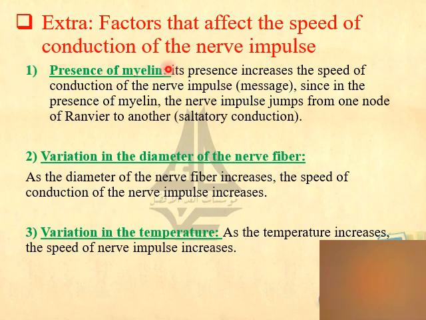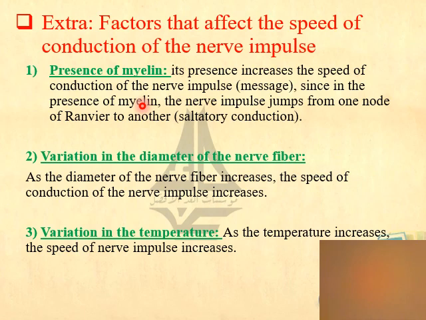First of all, you have to know that the presence of myelin increases the speed of the nerve impulse. Why? As I mentioned before, we have two types of conduction. You remember in video part 2, we said that we have saltatory and step by step conduction. The saltatory conduction takes place along a myelinated axon or myelinated nerve fiber, because the message jumps from one node of Ranvier to another due to the presence of the myelin sheath.